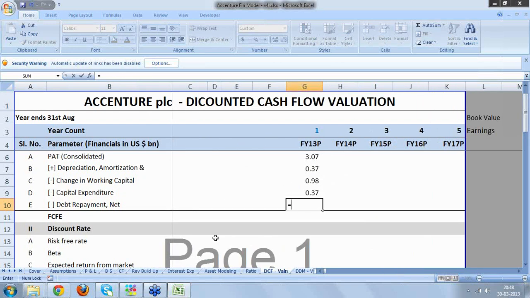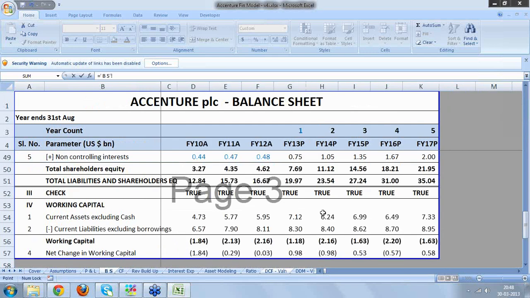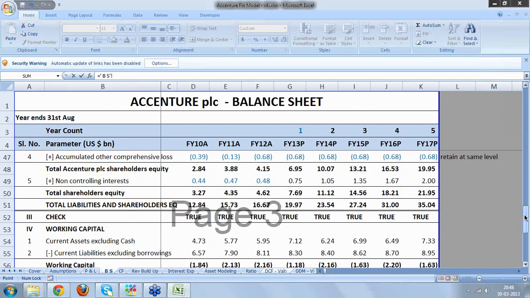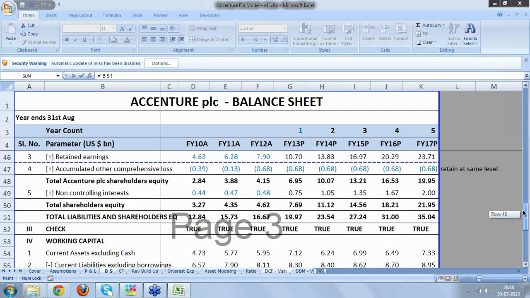Then debt repayment. So equal to, go to your balance sheet, repayment. Last year's debt minus this year's debt will give you the repayment. I'll consider both short-term and long-term debt, current portion and non-current portion both.